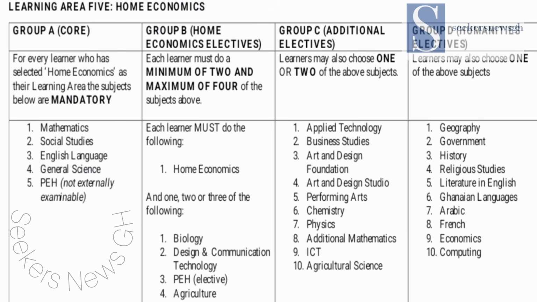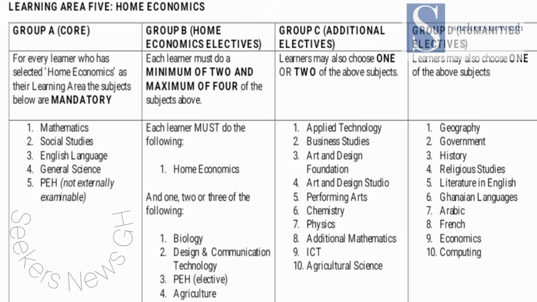In addition, you can also choose business studies, art and design foundation or art and design studio, performing arts, chemistry, physics, ICT, agricultural science. Then in group D, you can choose geography, government, history, religious studies, literature in English, Ghanaian language, Arabic, French, economics and computing.